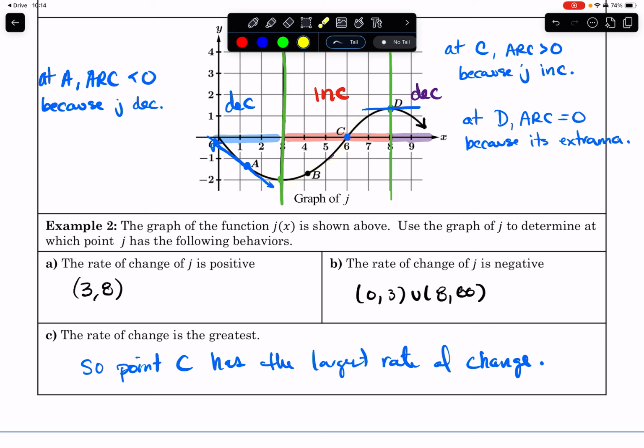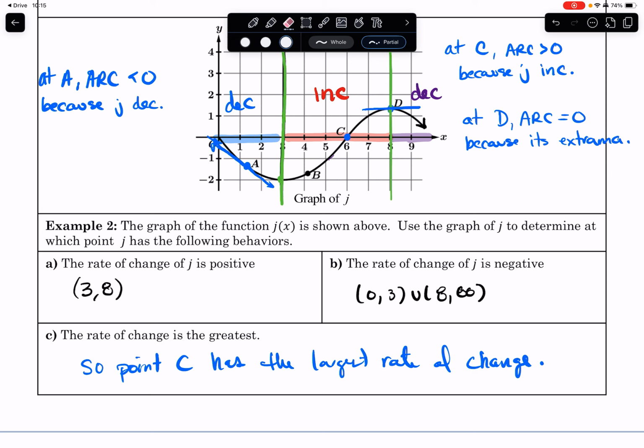Well, since this is concaving upwards, the average rate of change is going up. It's increasing from a negative to a positive value. And since this one is concaving downwards, the rate of change is going to be decreasing. So it's going to become positive to 0, and then over here it's going to become negative. So you see, it's decreasing in value.